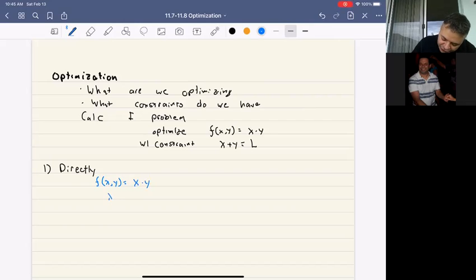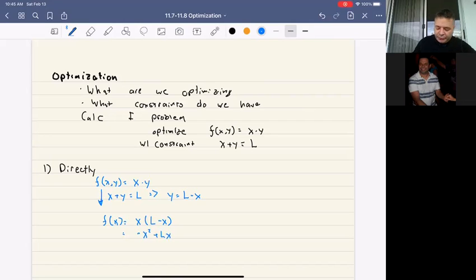We're going to take our constraint, and this constraint means that y equals L minus x. And so we can have f of x equals x times L minus x, negative x squared plus Lx.